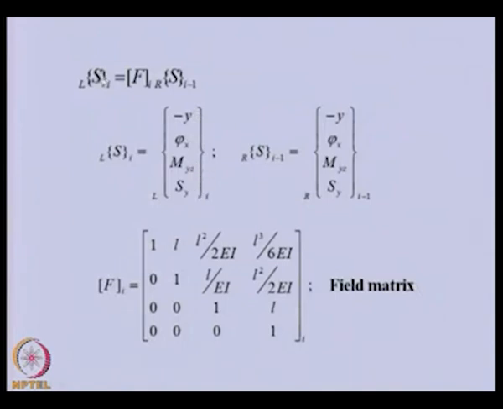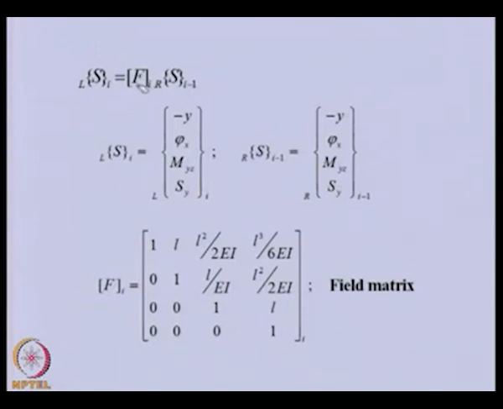This particular state vector which we have written is for the left of ith disk, this is for the right of I minus 1 disk, and this is the field matrix which is for the ith shaft.